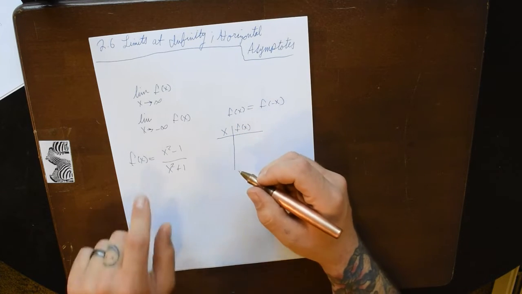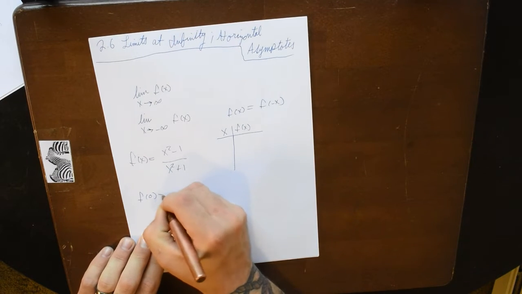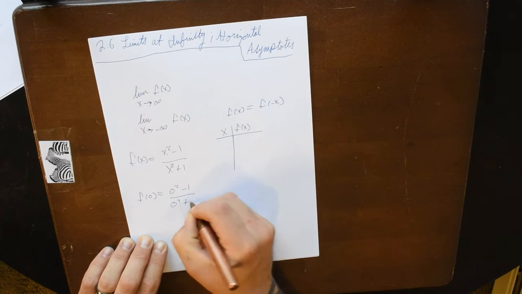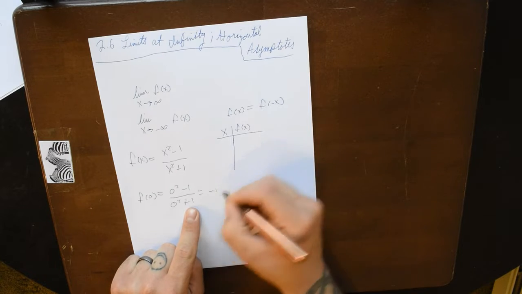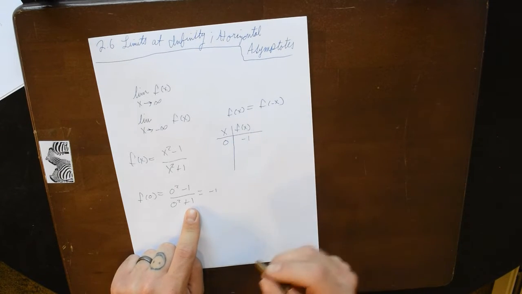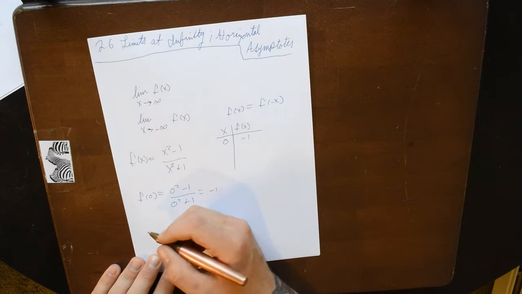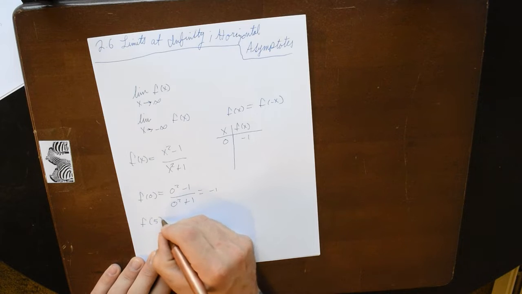Well, if we plug 0 into f of x, we'd get f of 0 is equal to 0 squared minus 1 divided by 0 squared plus 1, which is negative 1 divided by 1, or negative 1. Let's let x get bigger. Let's see what happens when we say f of 5.